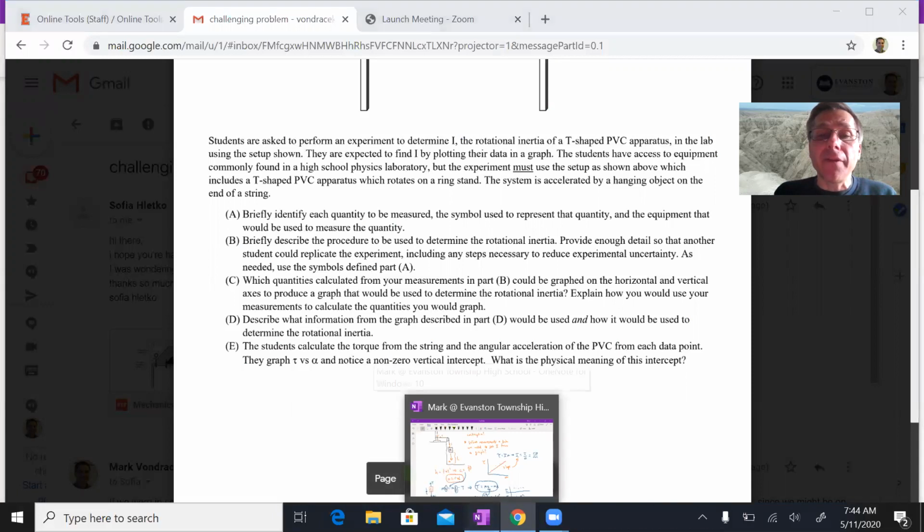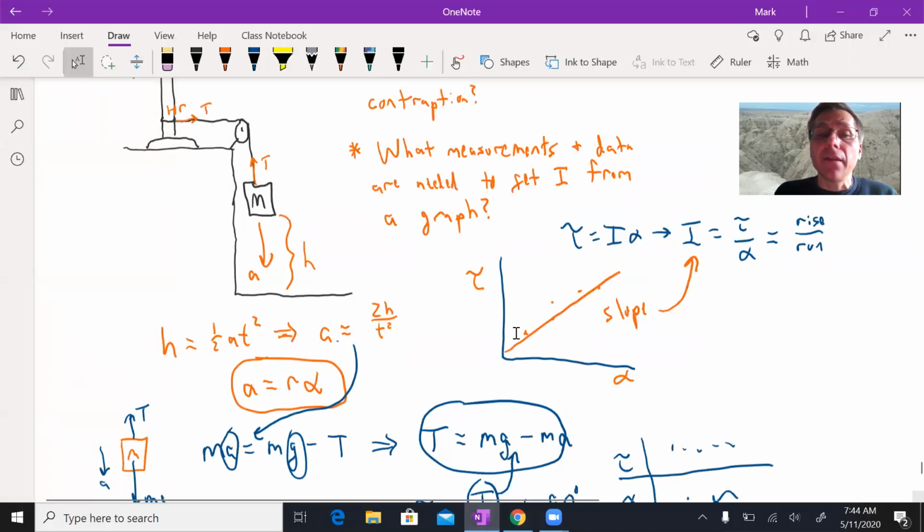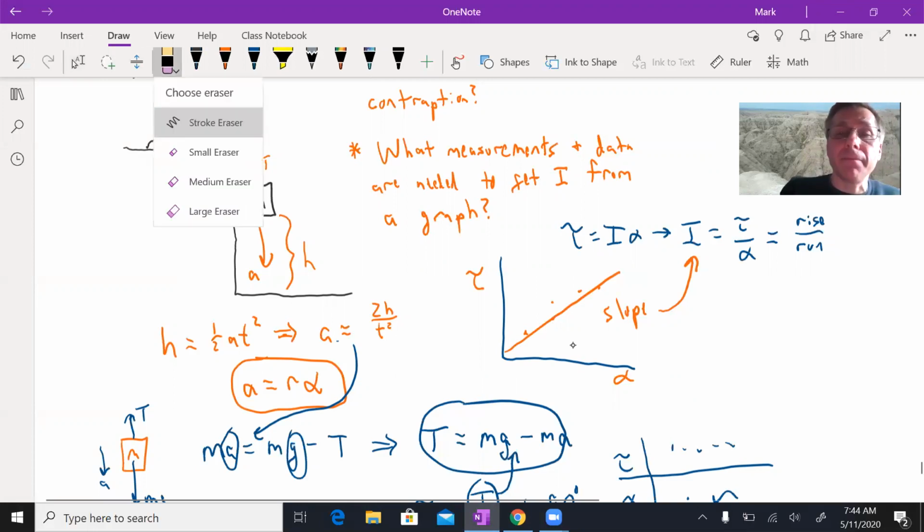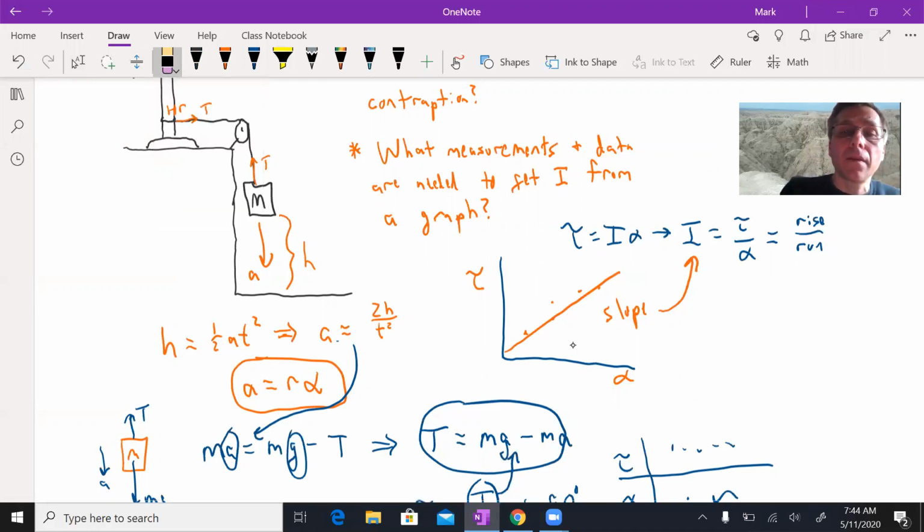Well, if you think about the nature of this graph, let me erase this. Let me exaggerate this a little bit. What if your graph did something like this, and you had this y-intercept over there?